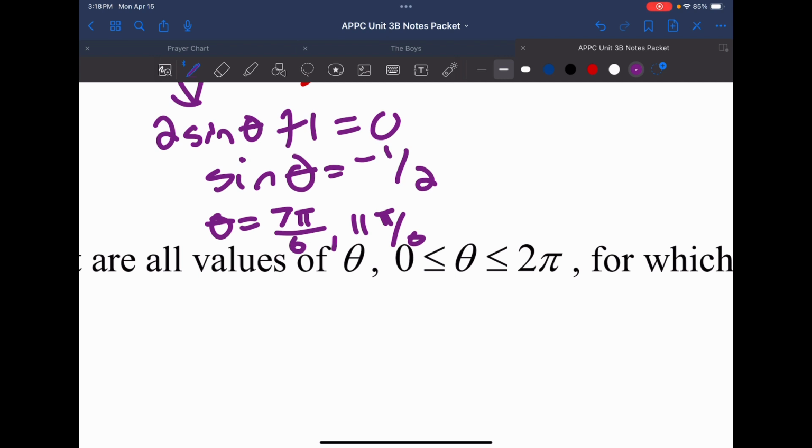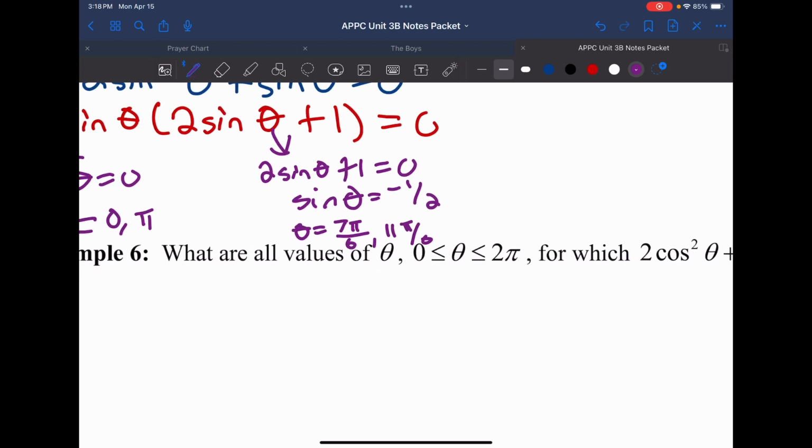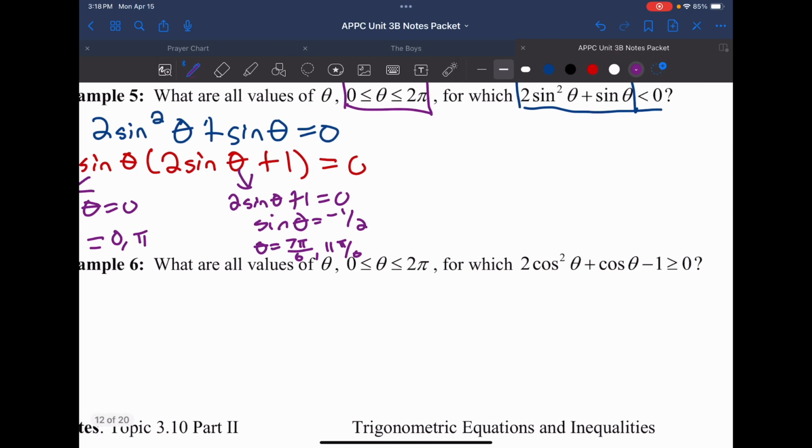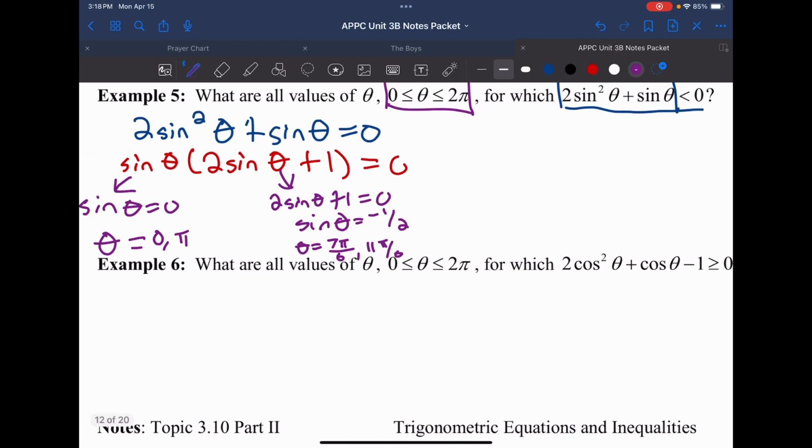So now it says in step 2 to create a sign chart with the solutions marked from step 1. And really, to create your sign chart, you've got to go in order. So I'm going to have a sign chart here. Remember how to set this up.